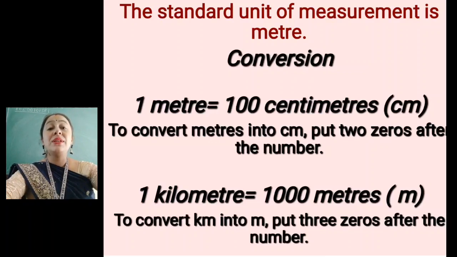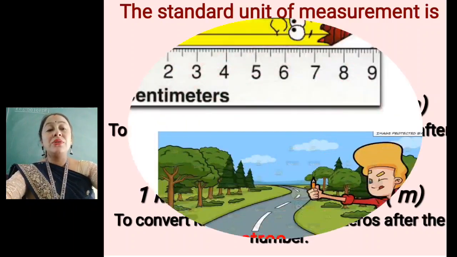So kilometer is a larger unit of measurement. So to convert kilometer into meter, you have to put 3 zeros after the number. For example, if you have to convert 4 kilometers into meters, you have to write 4000 meters. So I hope the conversion is clear. When we do the sums, it will be more clear to you all, children.